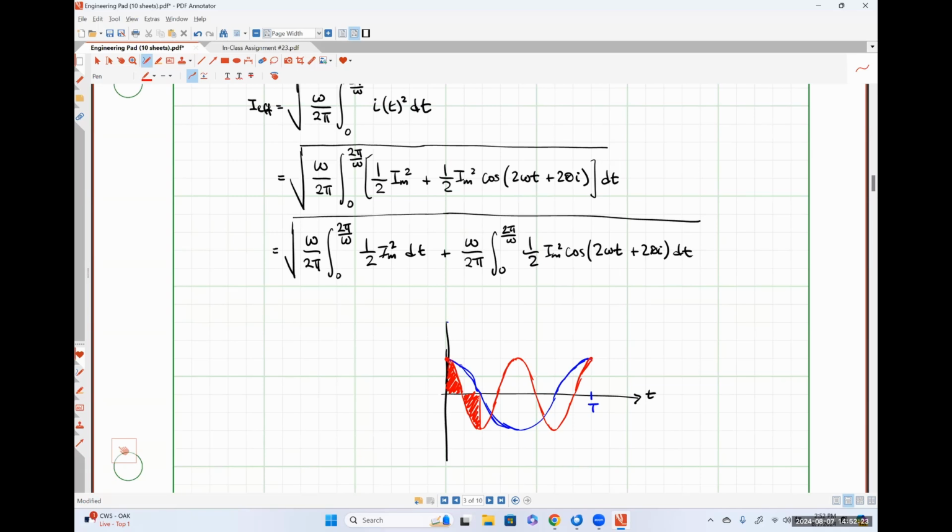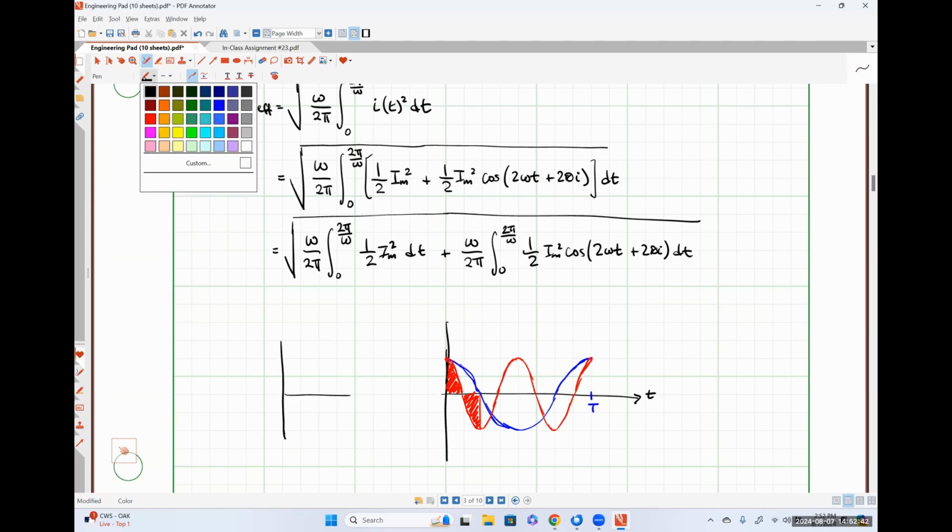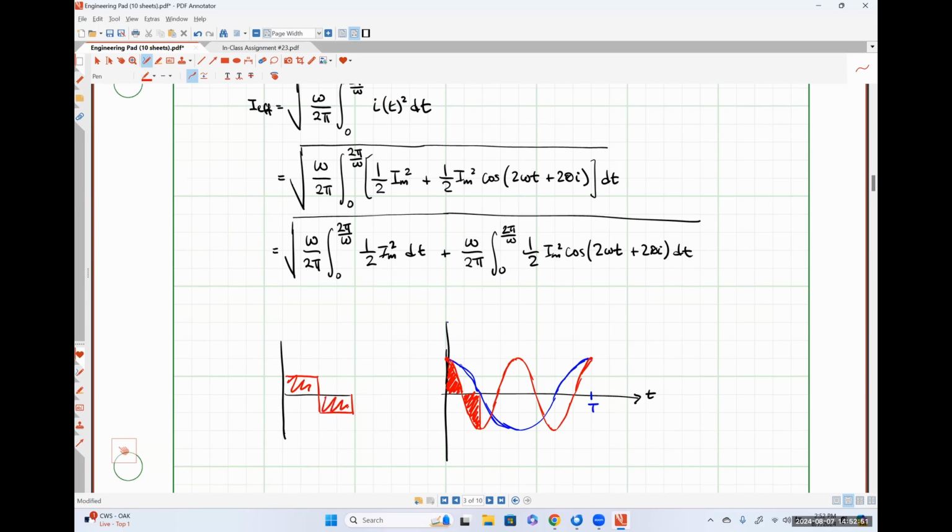I would not. I'd get 0 because I have some amount of positive area and some amount of negative area, and they're the exact same area. Right? So it's effectively the same thing as I have this amount of area above the axis and this amount of area below the axis.